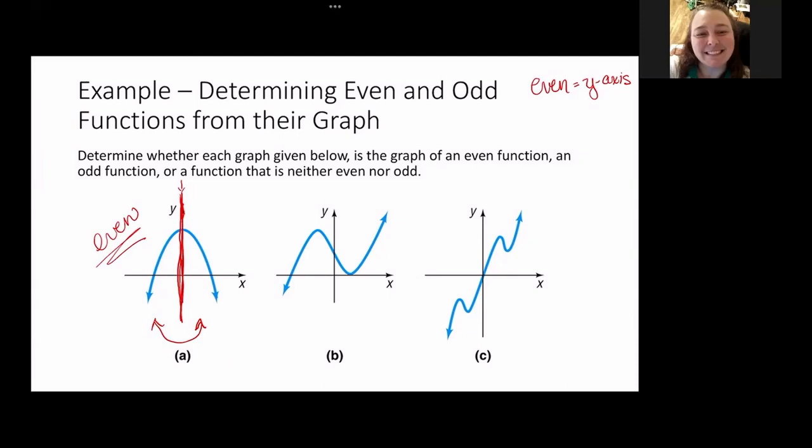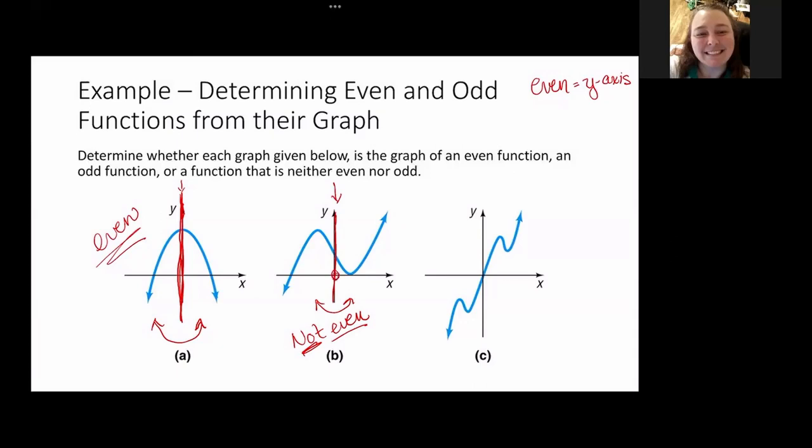Now, number B, okay? If I were to fold it on the y-axis here, is this going to be symmetrical? So it's not even, okay? Because if I were to fold it, it's not going to be symmetrical. They're going to be completely different. So it's not even. Okay, so now let's look with respect to the origin.